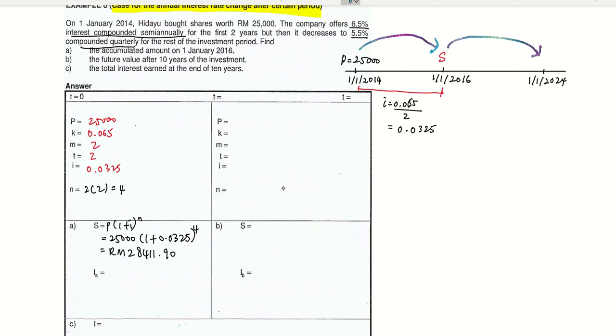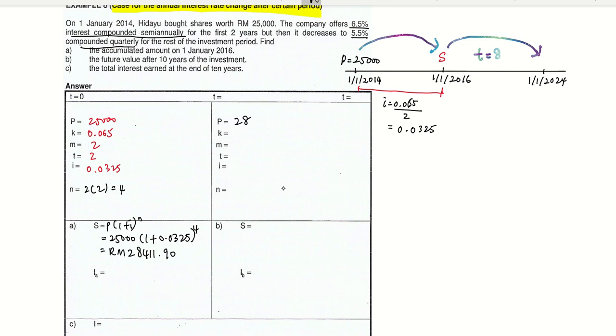So t here is 10 minus 2 years, which is 8. So the principal here, we use the amount S at the end of 2 years.